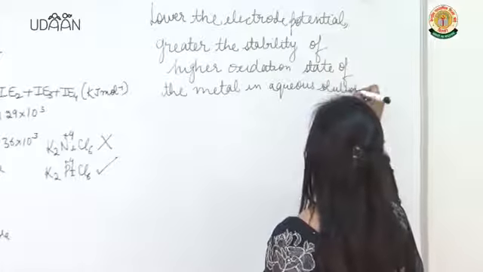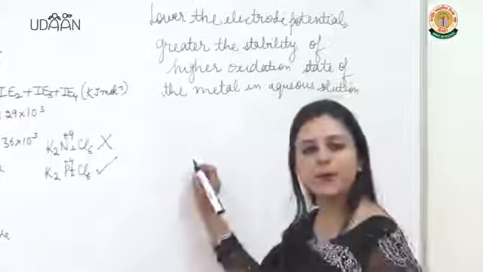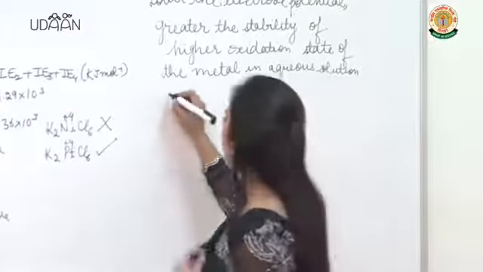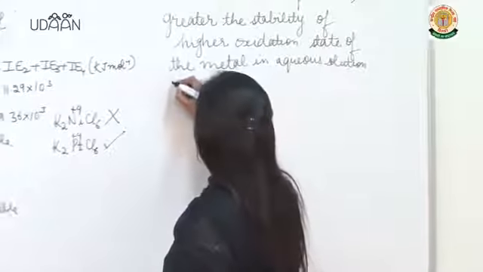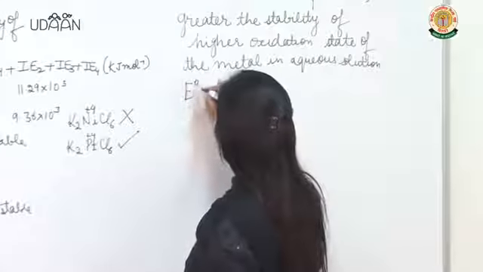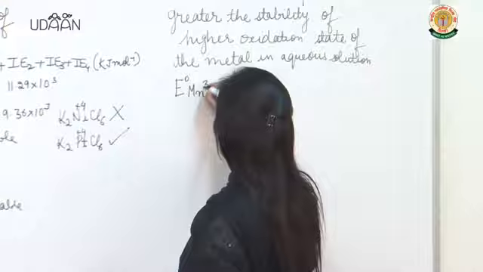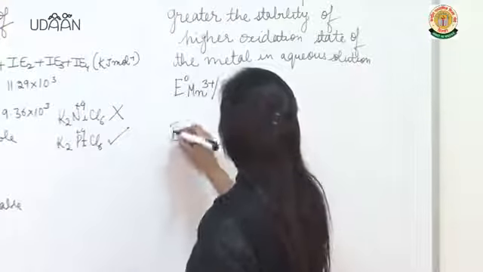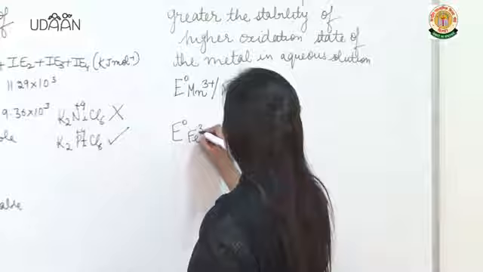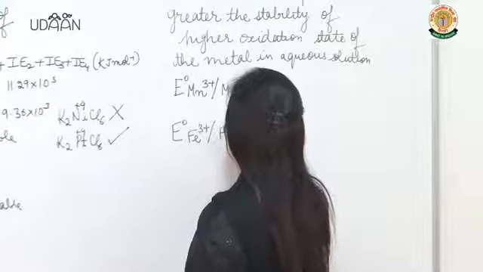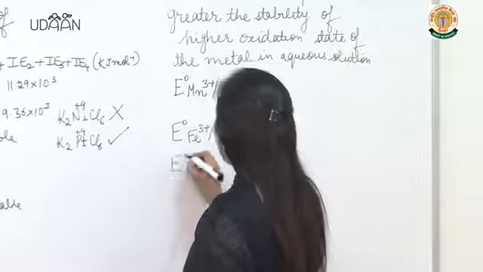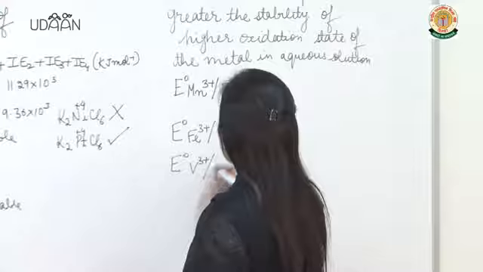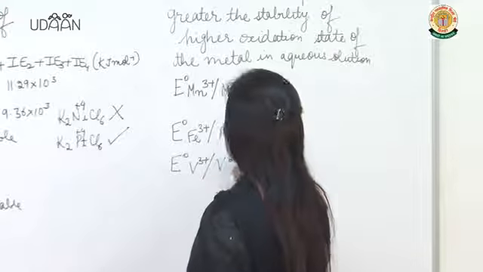Now, if I have to compare, let us talk about the E0 value of Mn3+/Mn2+, the E0 value of Fe3+/Fe2+, and the E0 value of V3+/V2+.